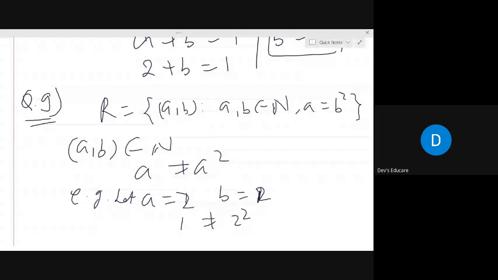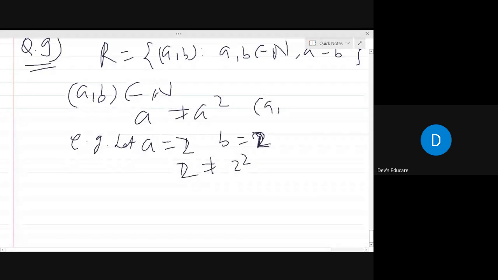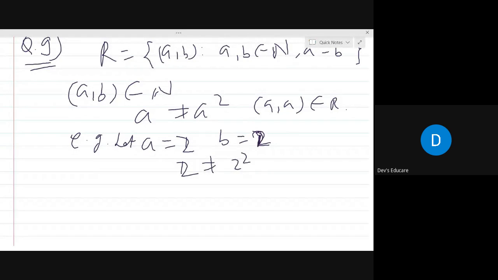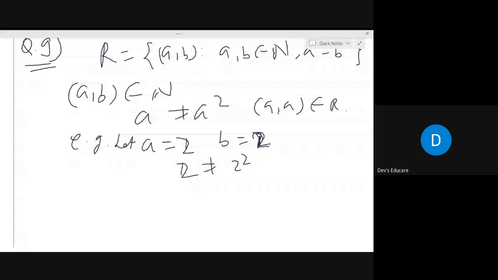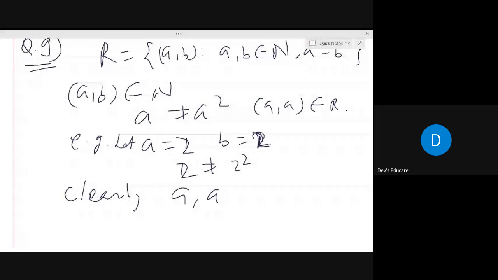Let us take a as 2 and b also 2. So 2 cannot be equal to 2 squared. We have to take the same element a. Clearly, (a, a) cannot be part of the relation.